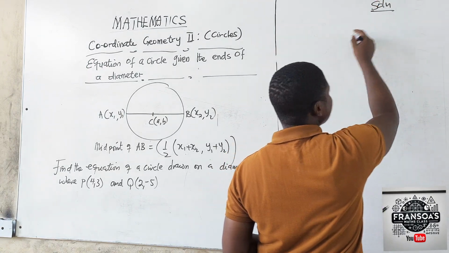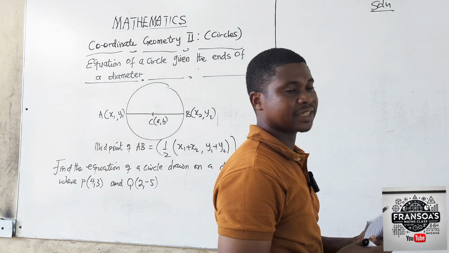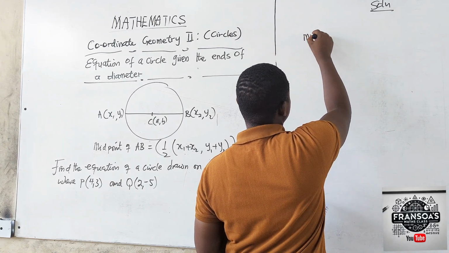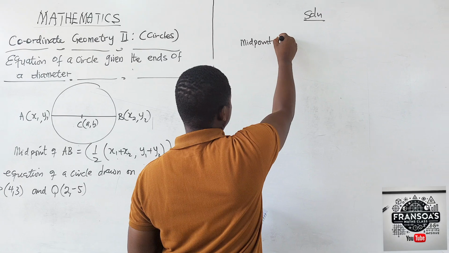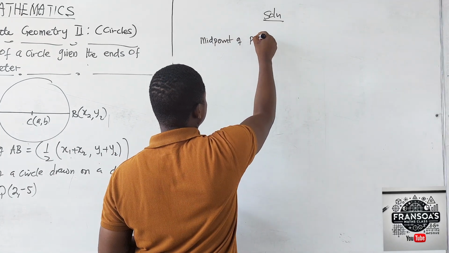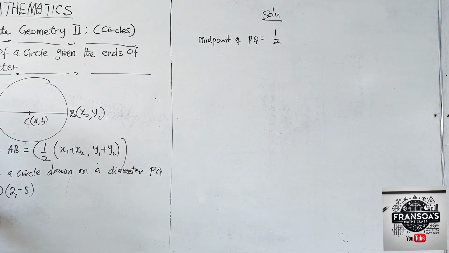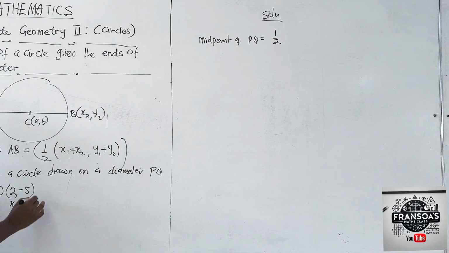With this, as I said earlier, we have to first find the midpoint. The midpoint of PQ becomes half of, so these are x1, y1, and these are x2, y2.